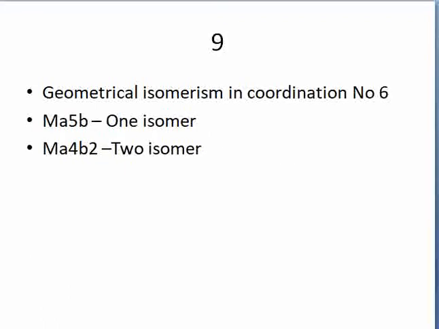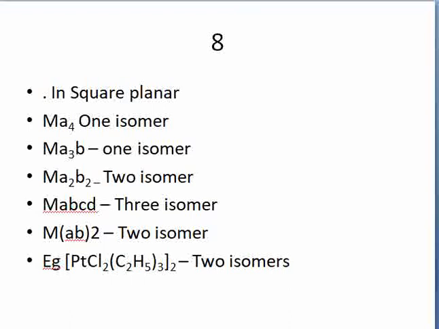Now we'll go to the square planar complexes. We have already seen that tetrahedral complexes will not produce geometrical isomers. For square planar complexes of the type MA4, where all ligands are the same, there is only one type of isomer.